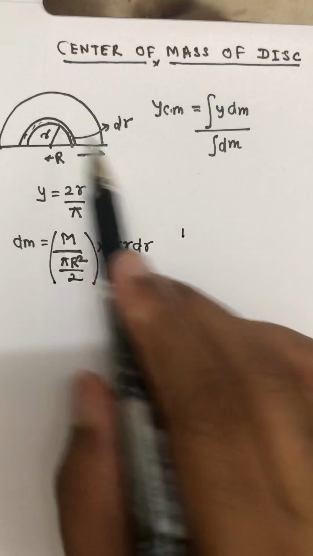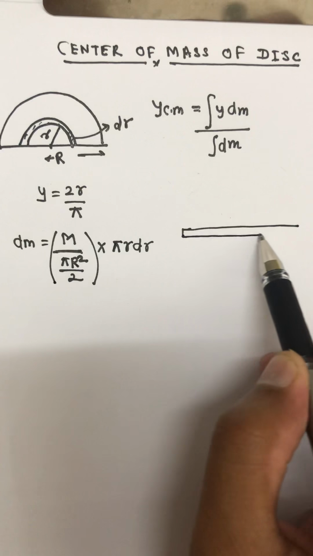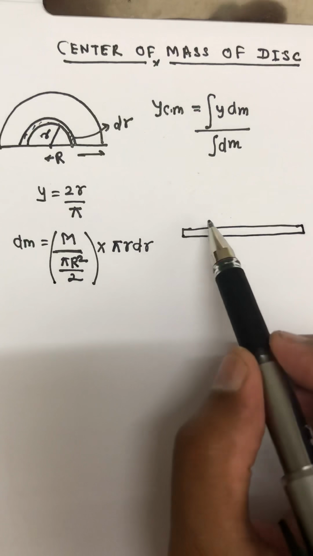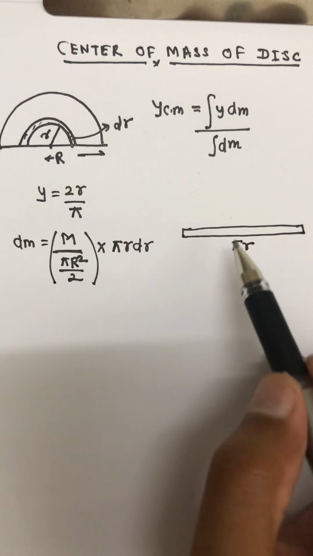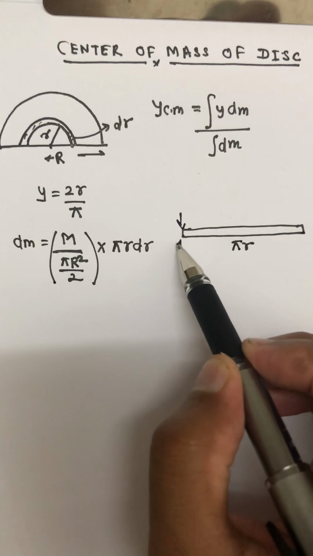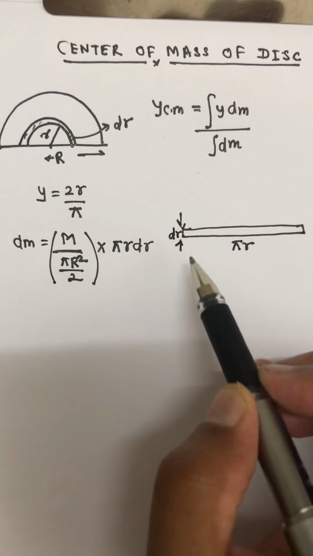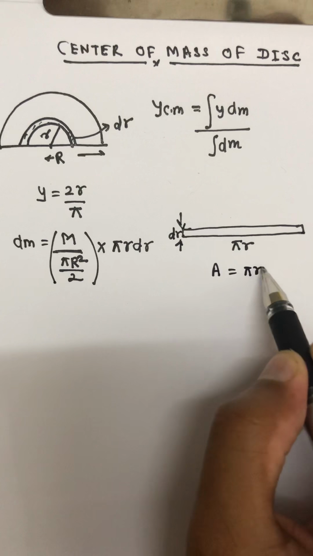If I cut this strip and make it straight, it will be a rectangle. And it's a semicircle, so this length will be pi r, because the total length of a circle is 2 pi r. So this length will be pi r, and this thickness is dr. So what's the area of this one? Pi r dr.